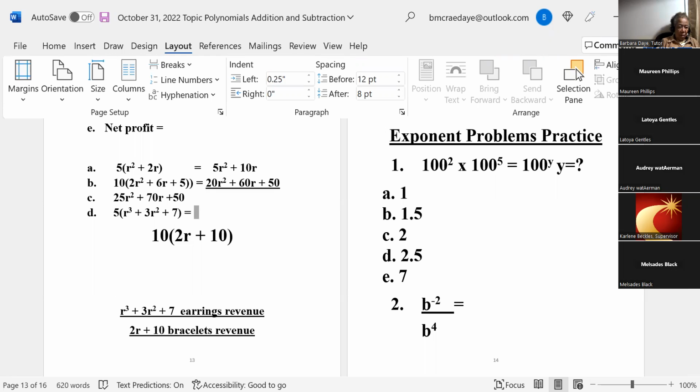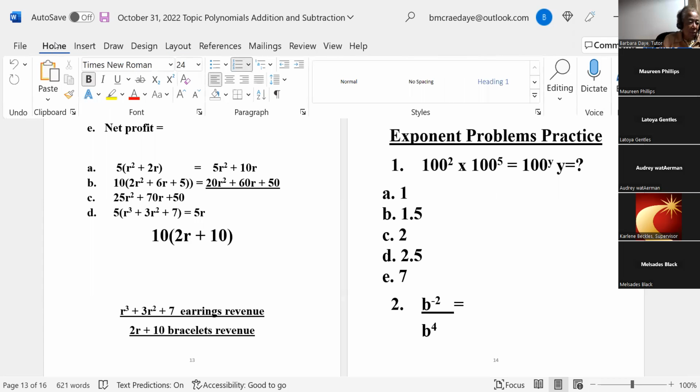You've got to add the coefficients, right? No, 5 times R to the third gives you what, Maureen? That just gives you 5R to the third, right?